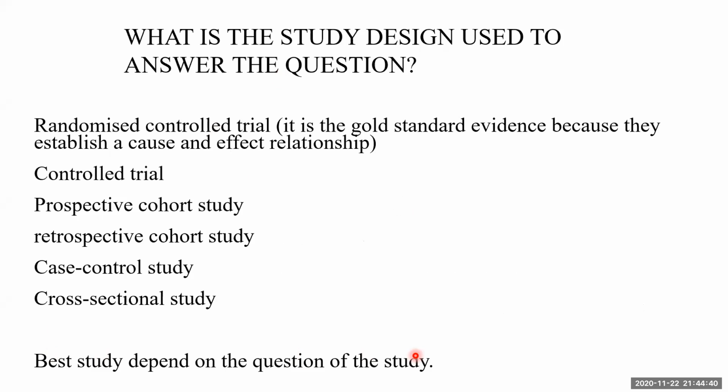Randomized controlled clinical trials are the gold standard evidence because they establish a cause and effect relationship. If you don't want to establish a cause and effect relationship, you can follow other designs, which are the control trial, prospective cohort studies, retrospective, case control, cross-sectional studies, or in vitro studies.